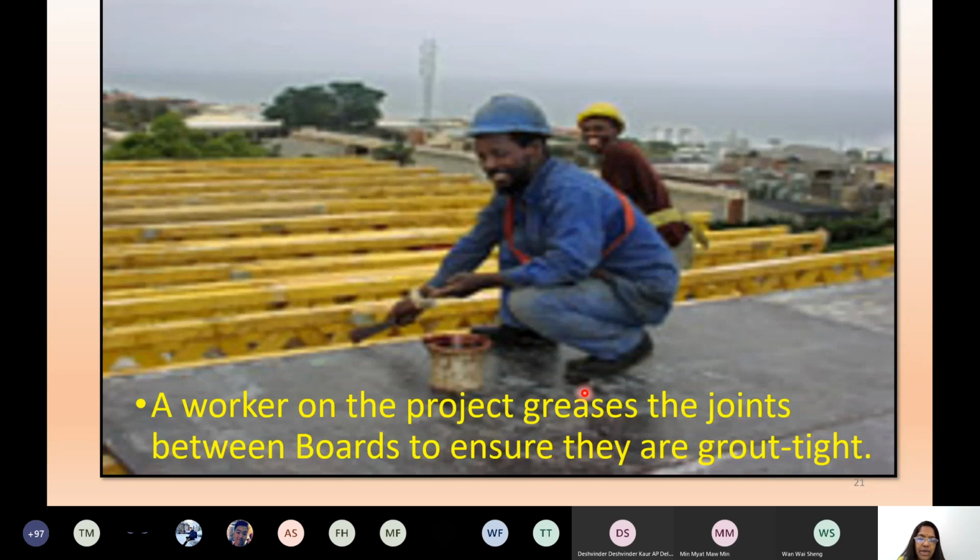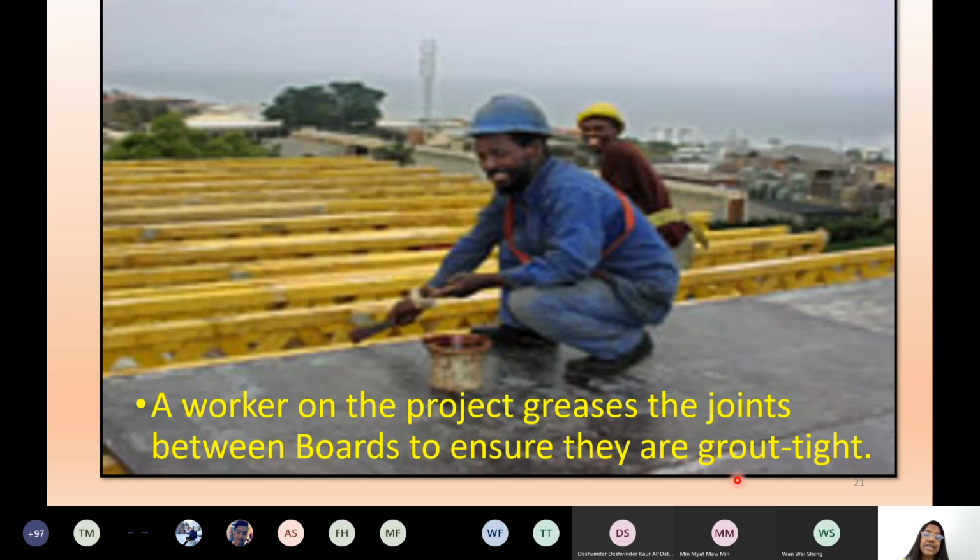The worker on the project greases the joints between the bolts to ensure they are grout tight. Here he's fixing the joints to avoid any holes. Just now we saw the holes, right? Grout holes, honeycomb type, or any joints having small holes.